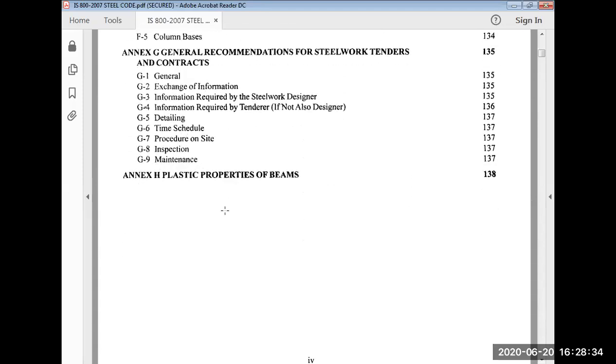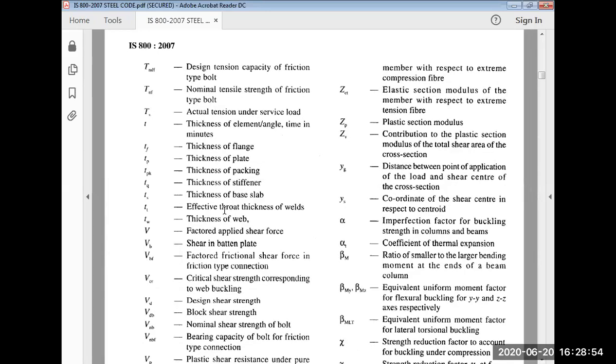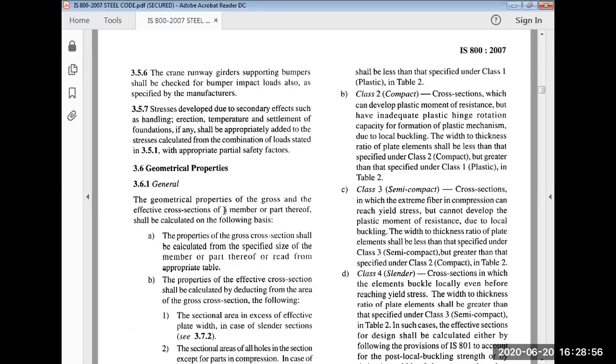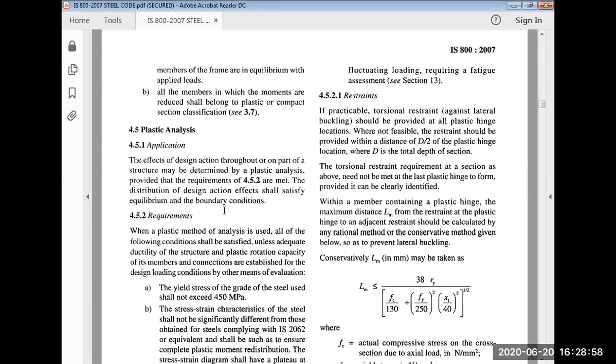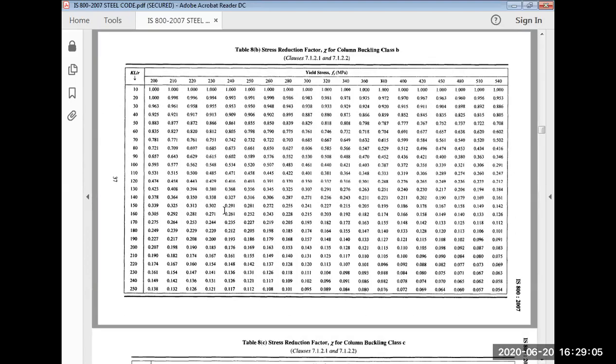Okay, so this is IS 800:2007. Whatever members of steel structure we are designing, the various important formulas and parameters we have to consider are given in this IS 800:2007. Okay, just see some parameters, some tables.